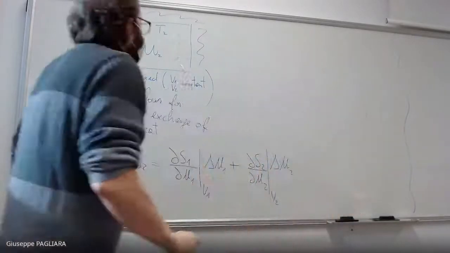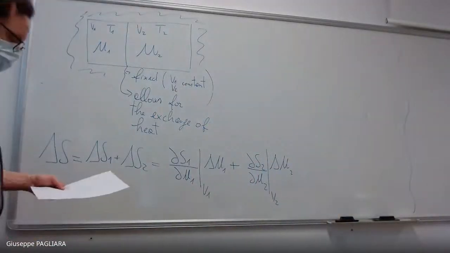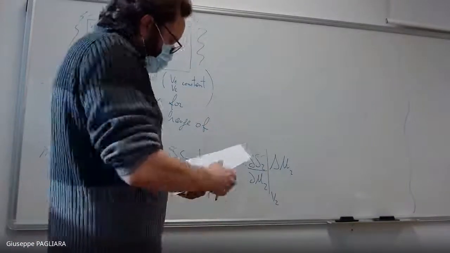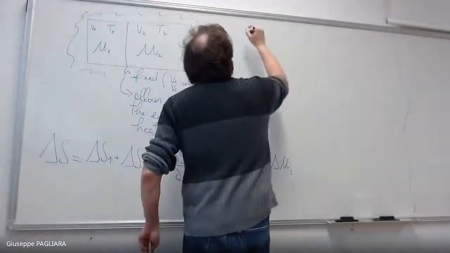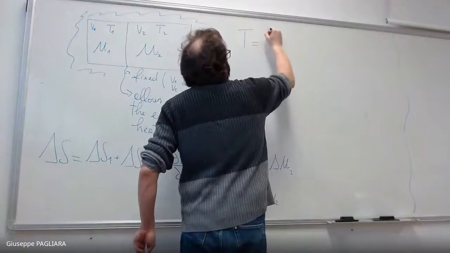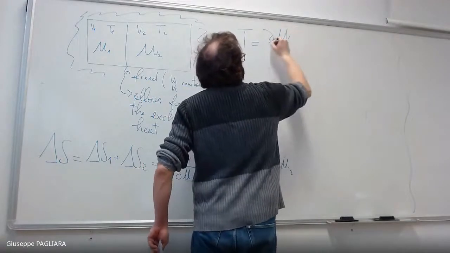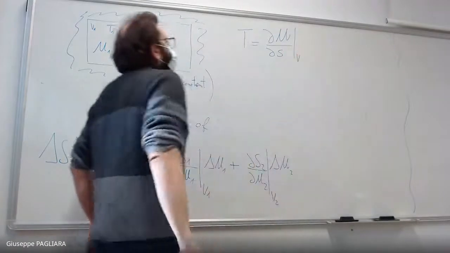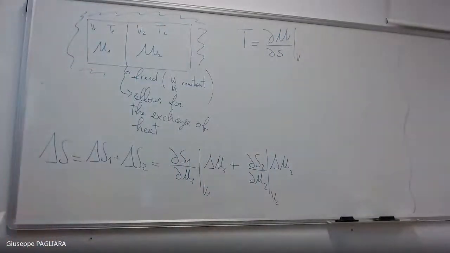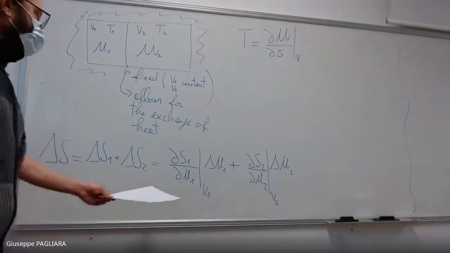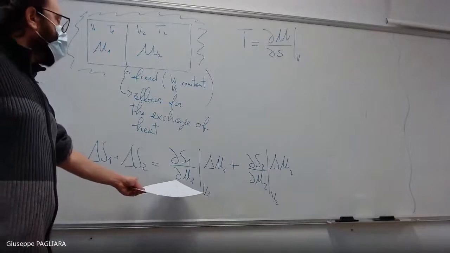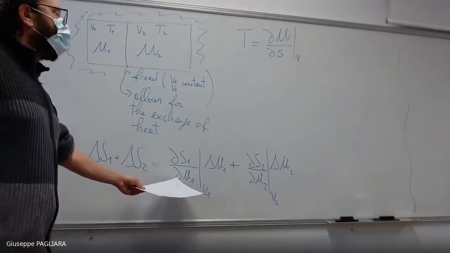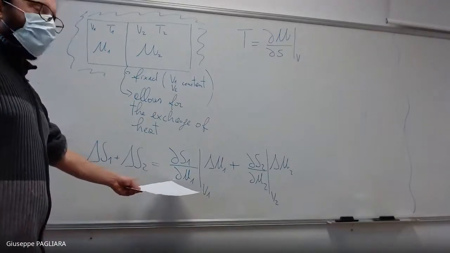So now let me write here one of the Maxwell relations that we wrote before, that was the following: dU/dS at fixed volume. This was one of the two that we wrote before, that the temperature is the derivative of U with respect to S at fixed volume. So actually what I see here is 1 divided by the temperature, right?